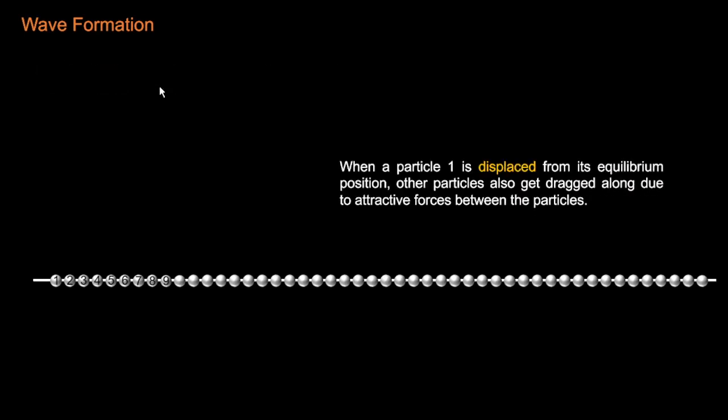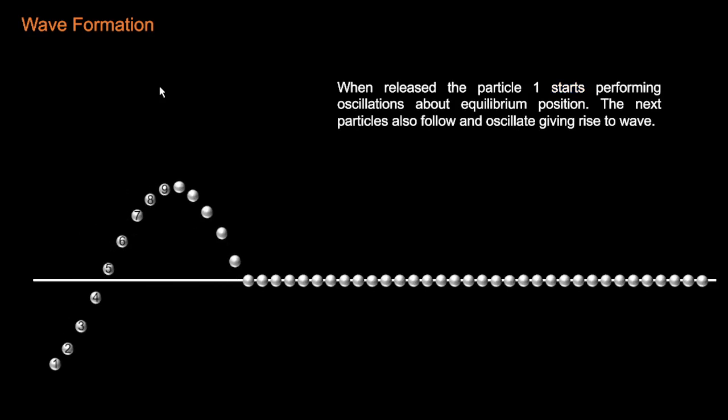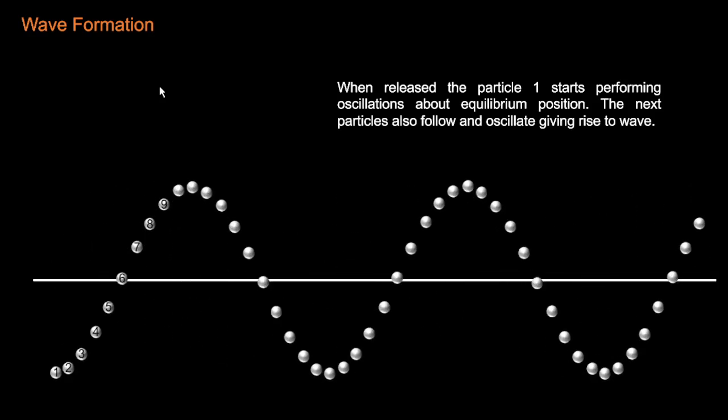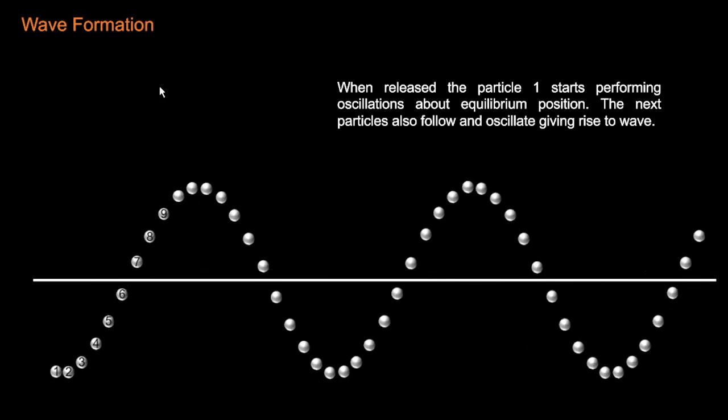When particle 1 is displaced from its equilibrium position, other particles also get dragged along due to attractive forces between the particles. When released, particle 1 starts performing oscillations about the equilibrium position. The next particles also follow and oscillate, giving rise to a wave.